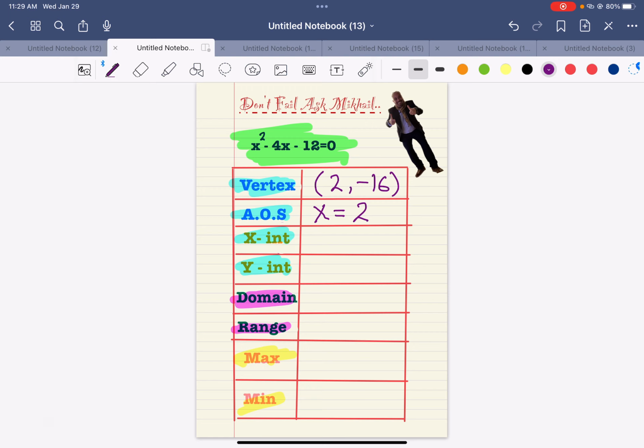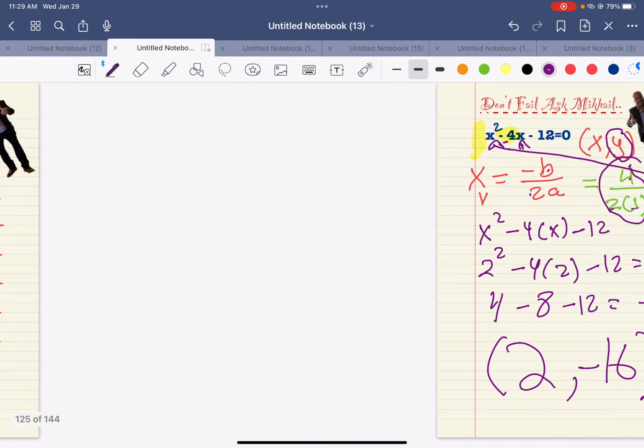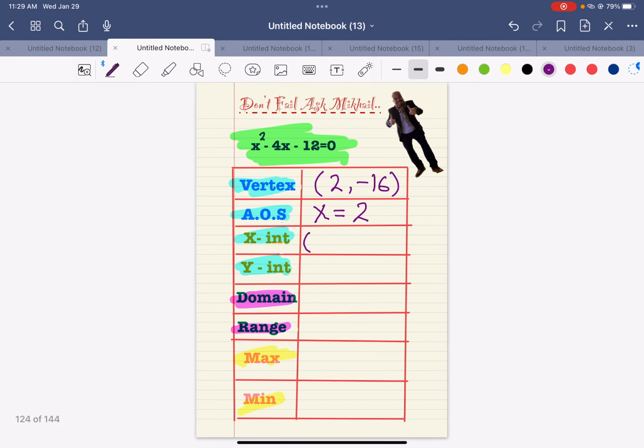My x-intercepts, I get 2 points: when x equals positive 6, y is 0. Also, x is negative 2, y is 0. Now, what's my y-intercept? The y-intercept is always equal to c.